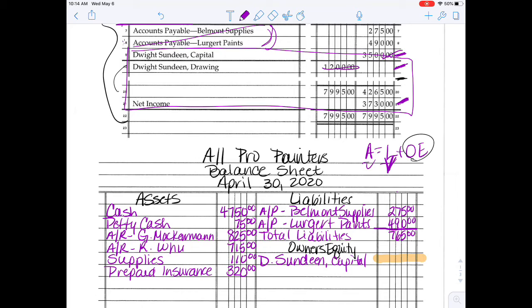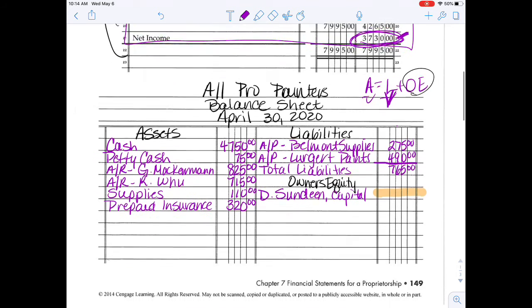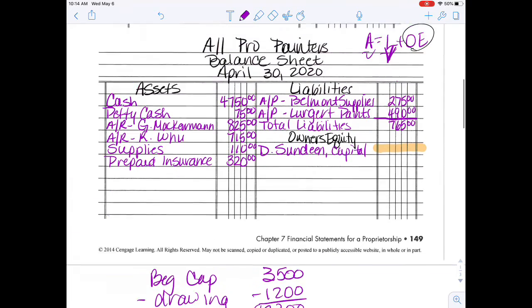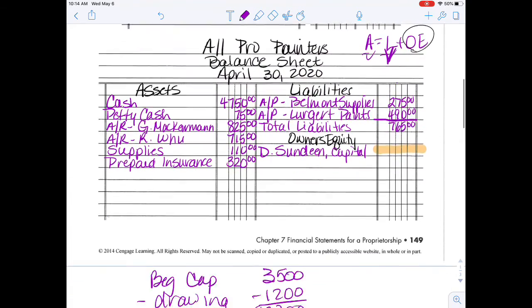They withdrew money, but that month they also made a net income. And since we're a small business and a sole owner, all of our net income goes to the owner. So now we're going to add our net income, which again was $3,730.